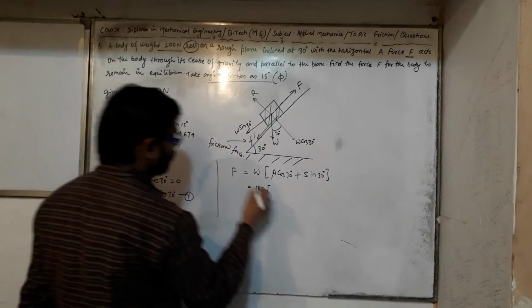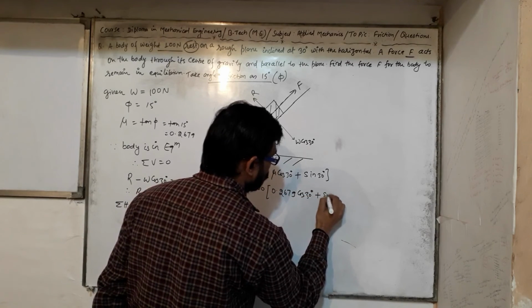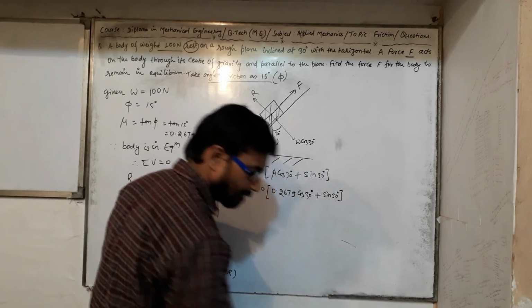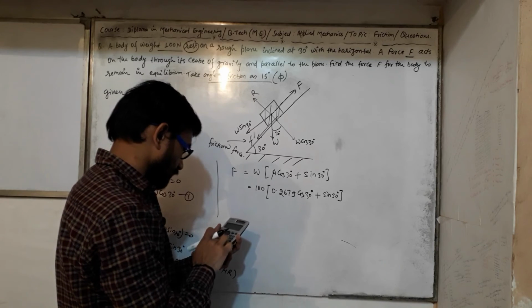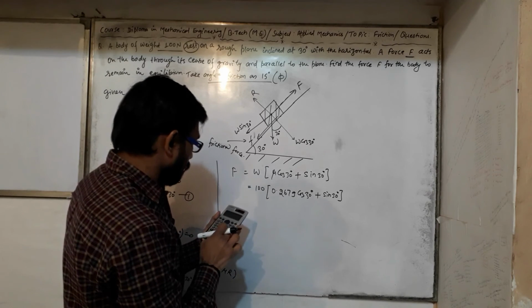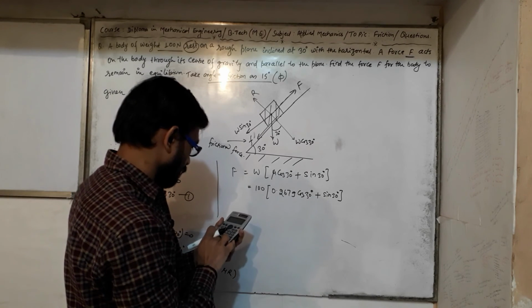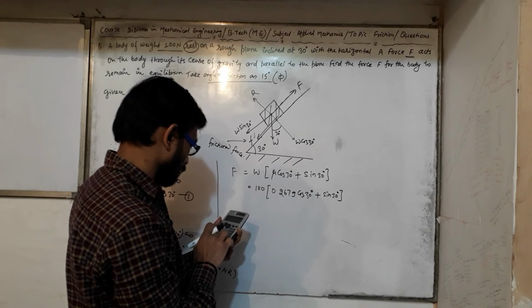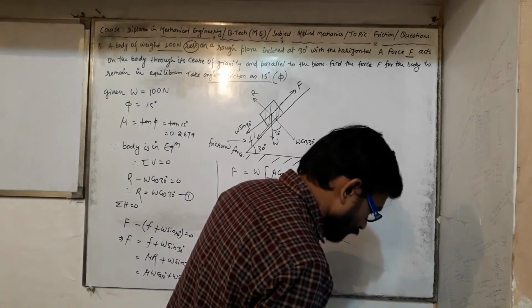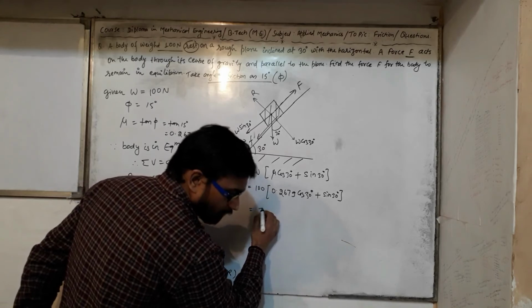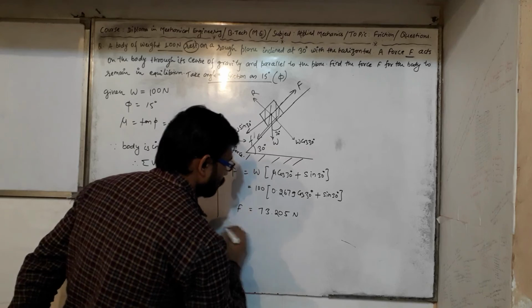Mu is 0.2679, cos of 30 degree plus sin of 30 degree, multiplied by 100. So the value is 73.205 Newton. This amount of force.